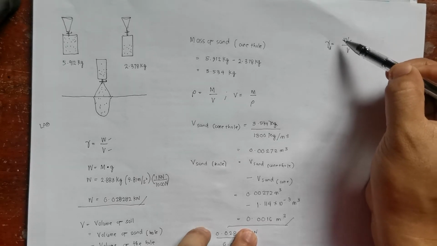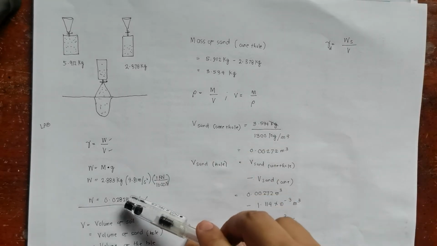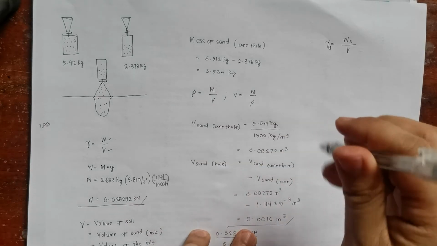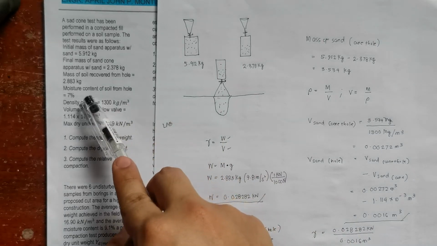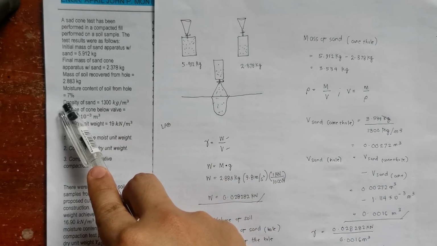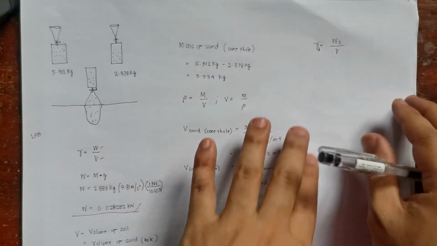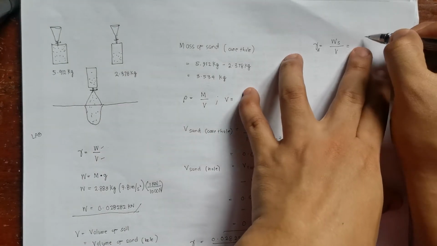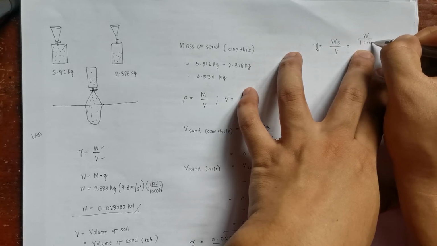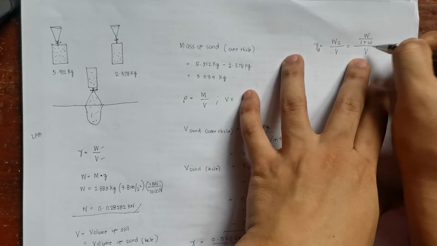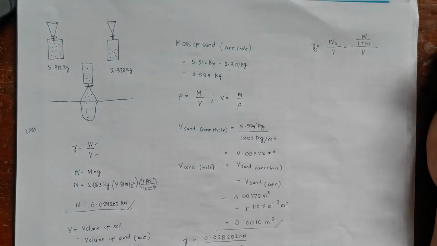But we can relate the weight of dry soil to our total weight since we have the moisture content of the soil excavated from the hole, which is given in the problem, 7%. And that is equivalent to total weight over 1 plus the moisture content, divided by the total volume.